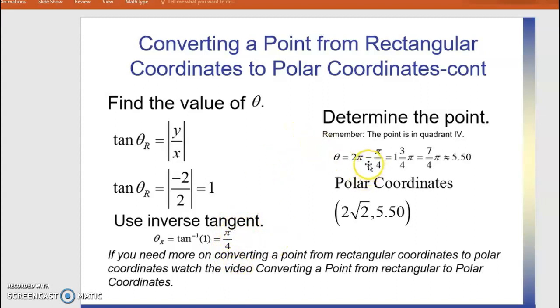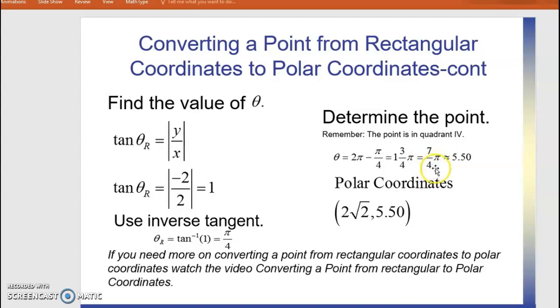To find that angle, we take 2 pi, a complete circle, and subtract pi by 4, placing us in quadrant 4. 2 pi minus 1/4 pi equals 1 3/4 pi. We normally write these as improper fractions, so the final answer is 7/4 pi.